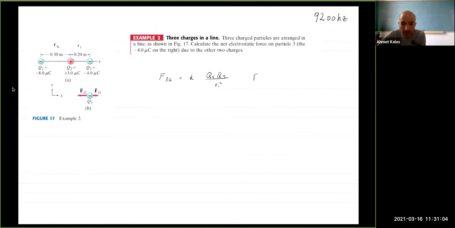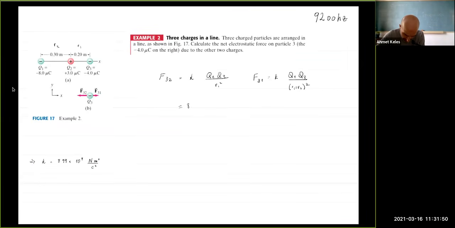And force on 3 by 1 is K Q1 Q3 divided by R1 plus R2 squared.